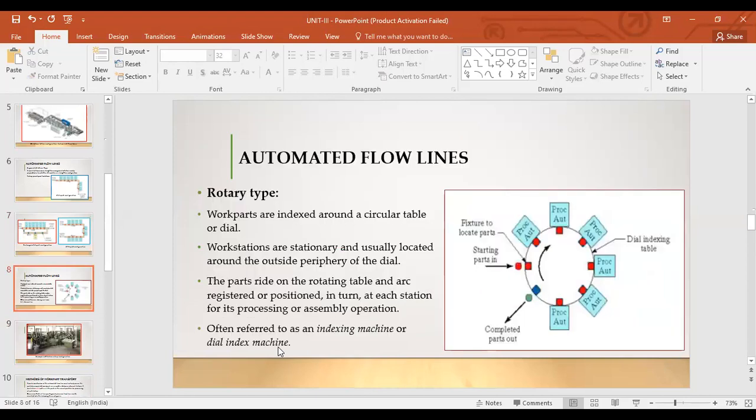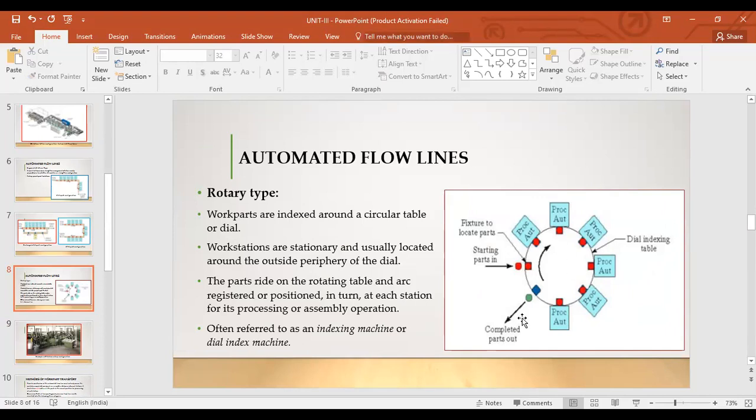Even you have this rotary type here. One more. Work parts are indexed around a circular table or dial. Workstations are stationary and usually located around the outside periphery of this dial. We had seen this same image in automated assembly, when I was trying to explain it and showed you one configuration, which was this.